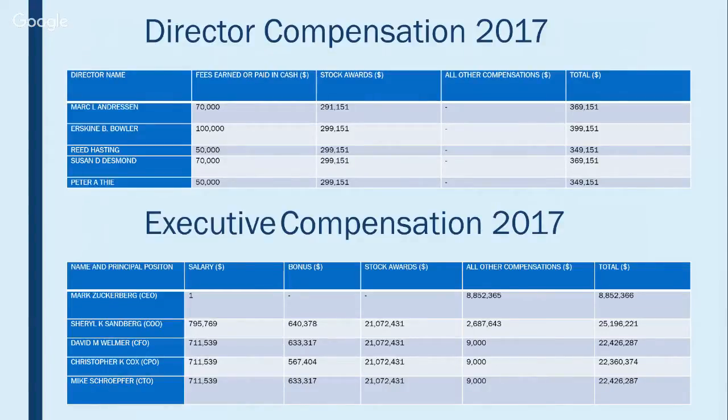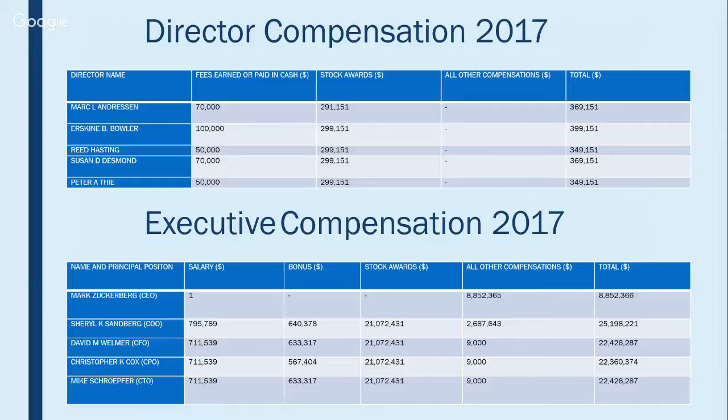This is the compensation chart of directors and executives from 2017. We can see some of the directors like Mark and others. We have listed the top 5, where they earned fees paid in cash, stock awards, all other compensation, and we have the total of their earnings.